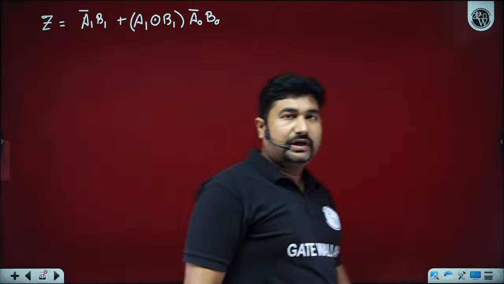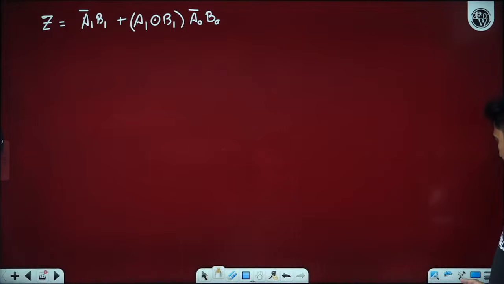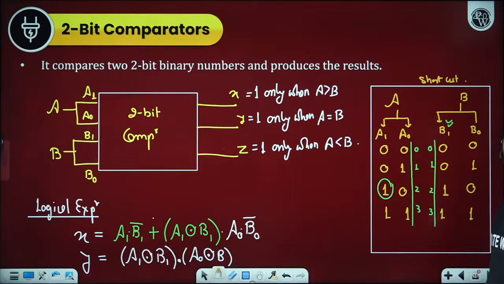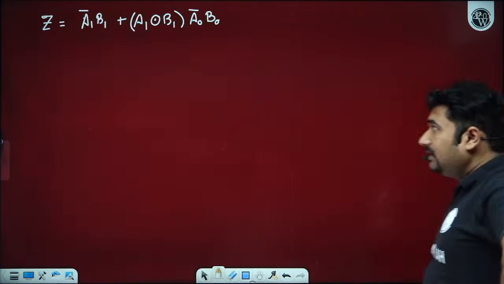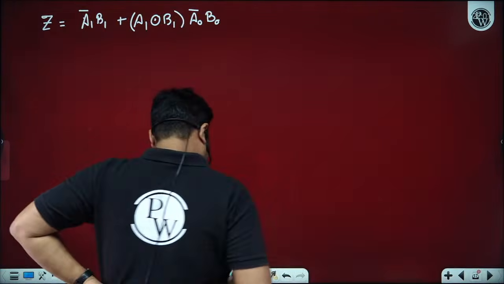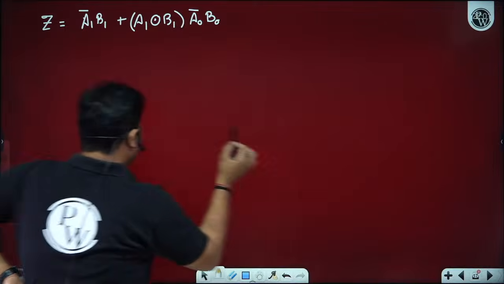How many of you are able to understand how to write the logical expression of a 2-bit comparator directly? Is it okay? Yes, sir. Please let me know by writing in the comment section.